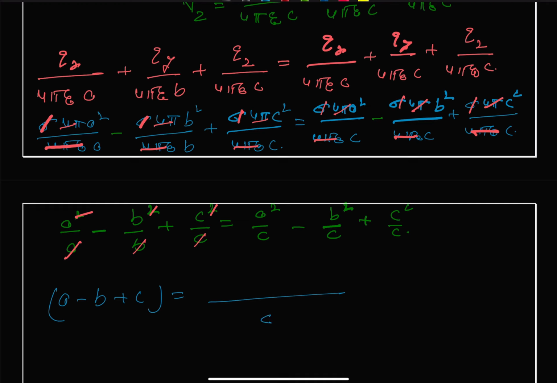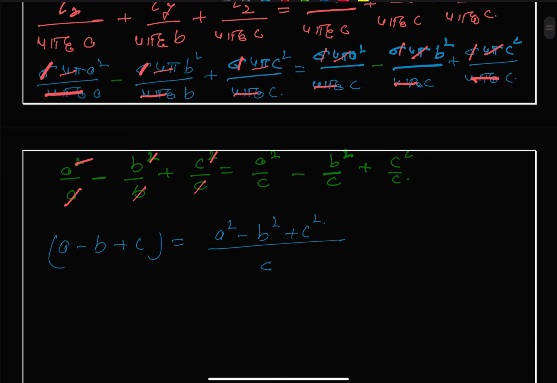So this comes as A square minus B square plus C square. And C we can easily cross multiply. So this will be giving us C into A minus B plus C square is equal to A square minus B square plus C square.